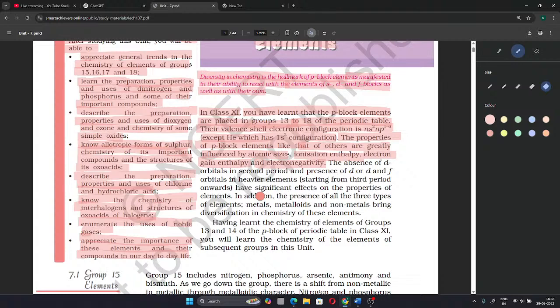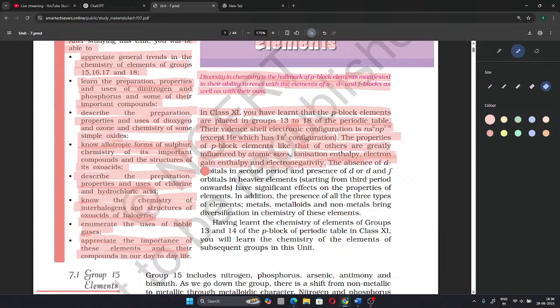Ionization enthalpy is the energy required to remove an electron from the outermost shell or valence shell of an atom. Electron gain enthalpy is the energy released or needed to add an electron to the outermost shell. And electronegativity is the ability of atoms to attract electron density.